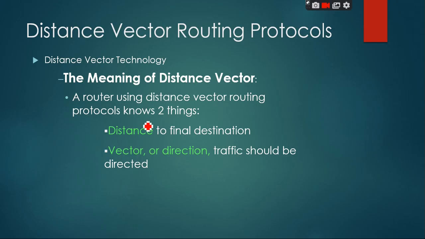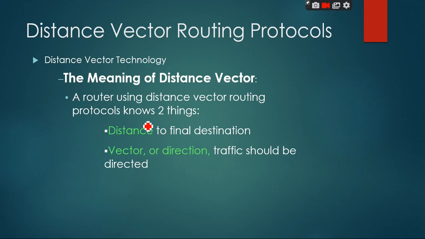So the next router from your home will be the ISP router. The distance between these two will be considered as the distance in distance vector routing protocols. Vector means the direction, where the traffic should be directed.